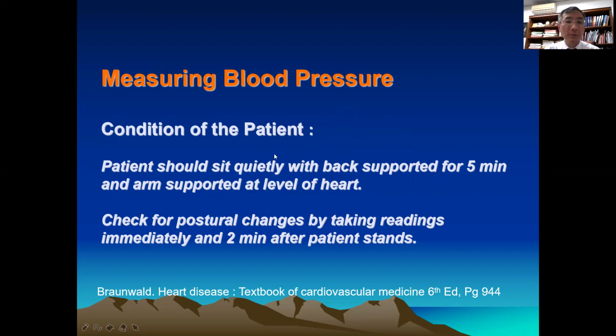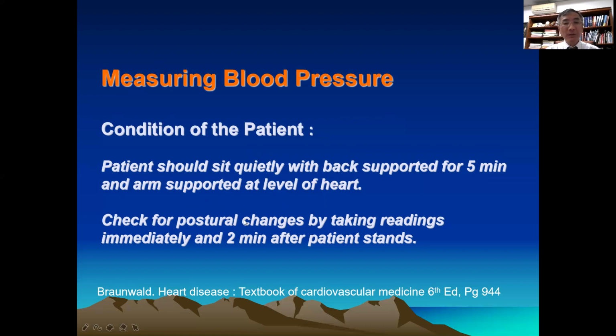Before measuring the blood pressure, the patient should be sitting quietly with the back supported for 5 minutes, resting. When measurement is done, the arm should be supported, that is rested, and at the same level as the heart. It is important not just to check the blood pressure in one sitting position or lying position, but to check for postural change.